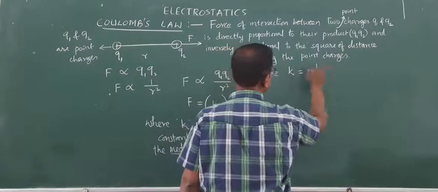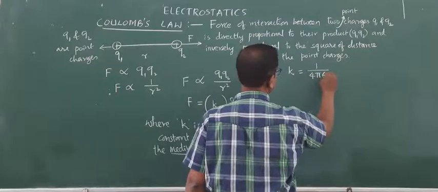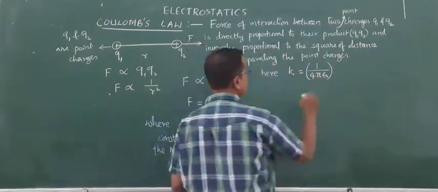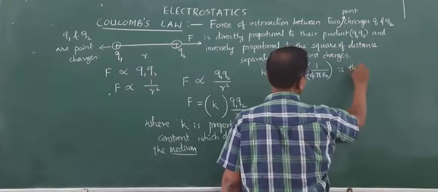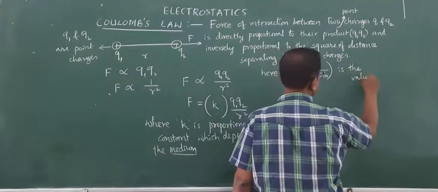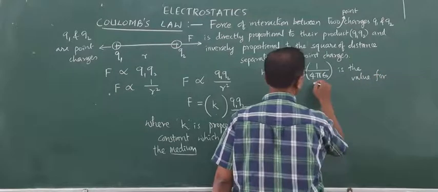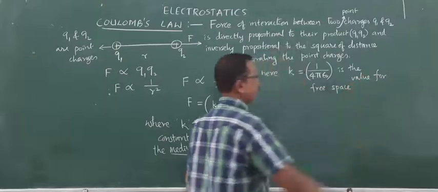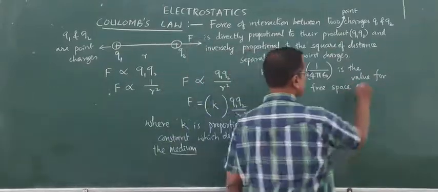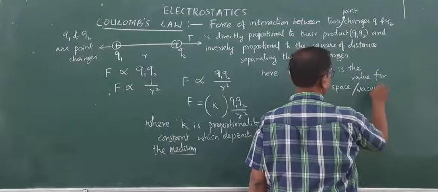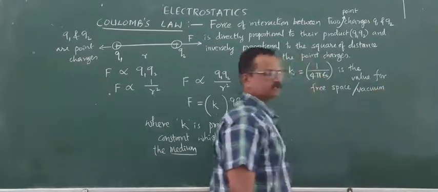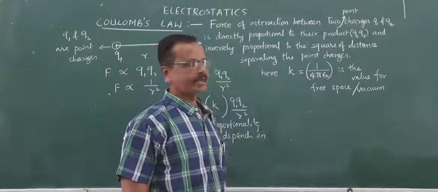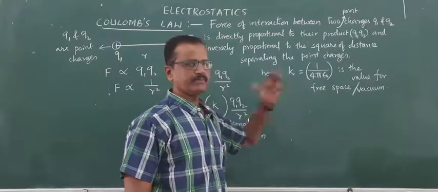K is equal to 1 upon 4 pi epsilon naught for free space, where free space is nothing but vacuum, where nothing is present, no other interacting particles are present. Such a medium is called vacuum. So this K value differs from medium to medium.